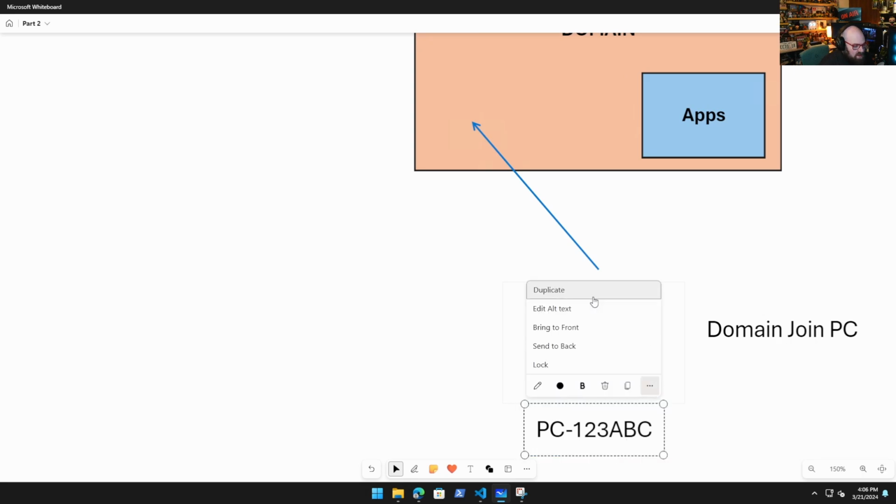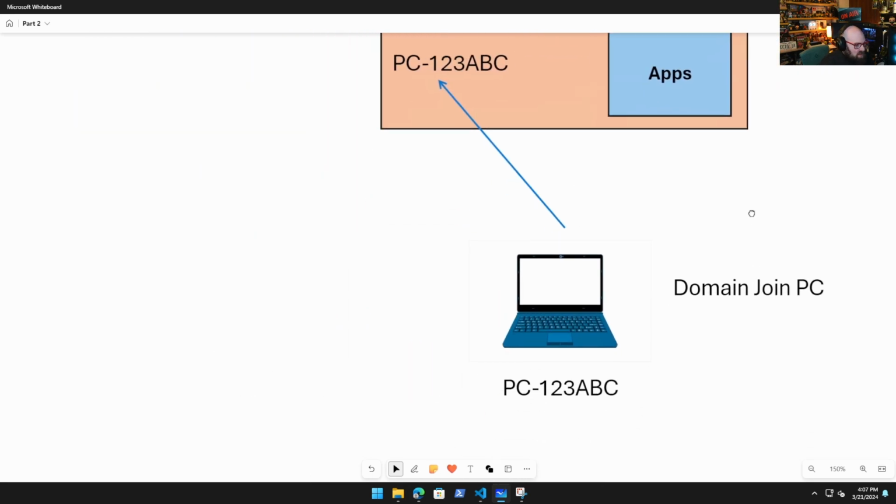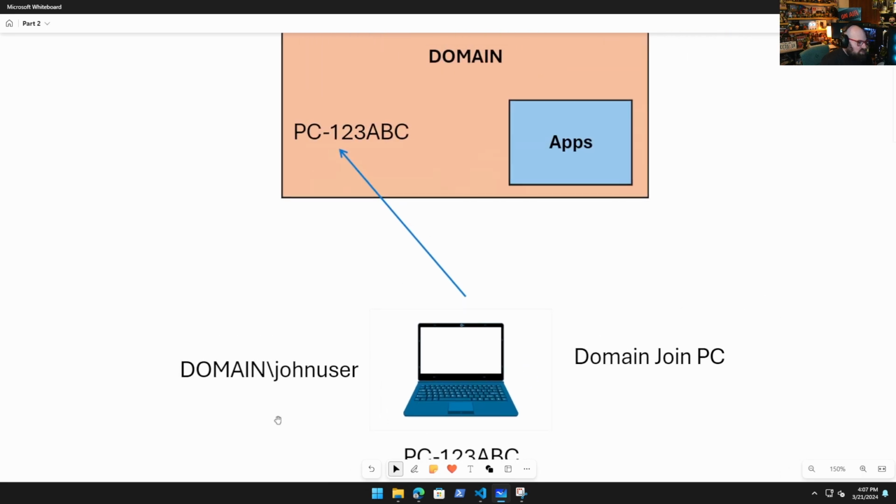You are going to have a corresponding record in the domain for PC123ABC. Same thing when you sign in as a user, you're signing in as domain/John user. And of course, John user also exists on the domain.